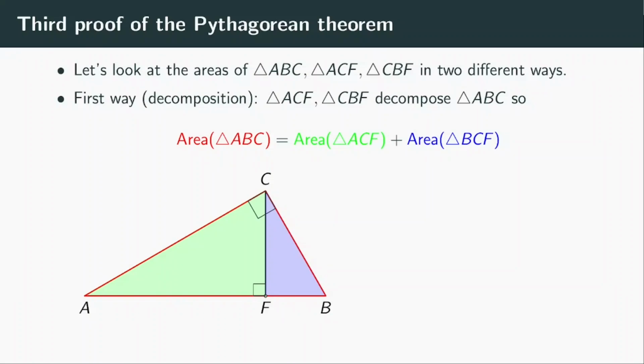So here I have colored ACF in green, and BCF I have colored in blue, and ABC I have surrounded in red. The big triangle is obtained as the union of the two smaller triangles, and by our decomposition axiom for area, the area of the big one is the sum of the areas of the two little ones.